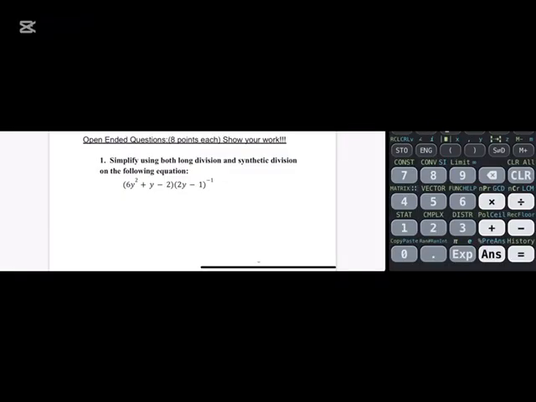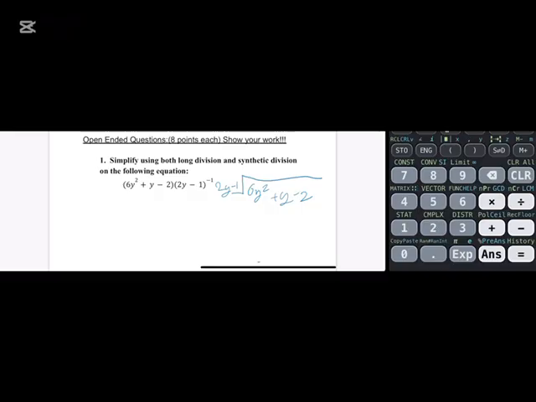Okay, now we move on to our open-ended questions, 8 points each. So, to simplify using both long division and synthetic division on the following expression, first let's plug it into the long division. So it's gonna be 2y minus 1 into 6y squared plus y minus 2.